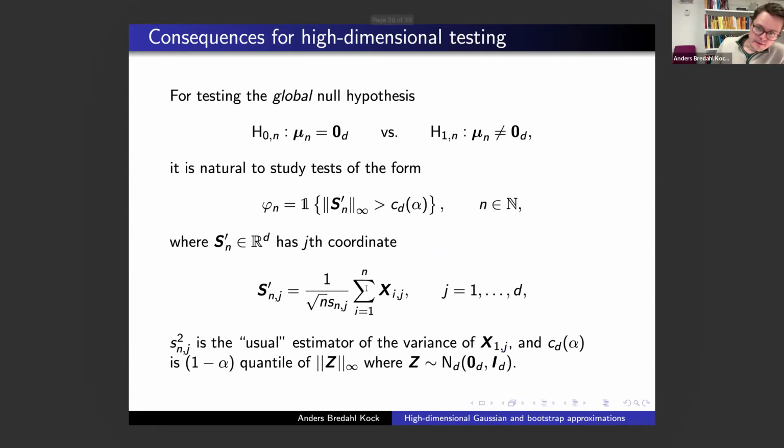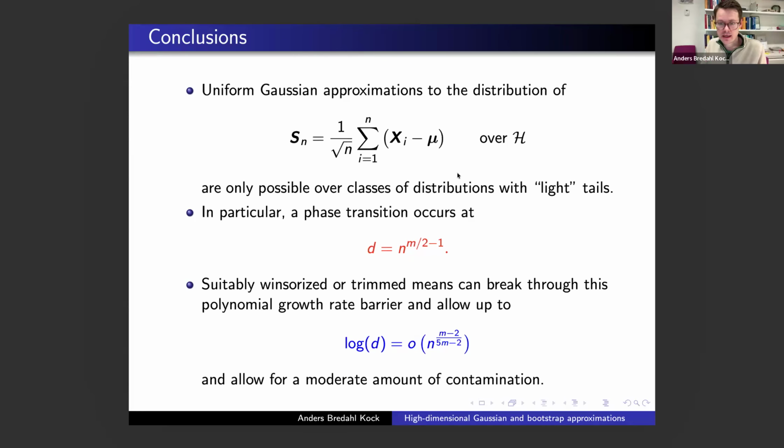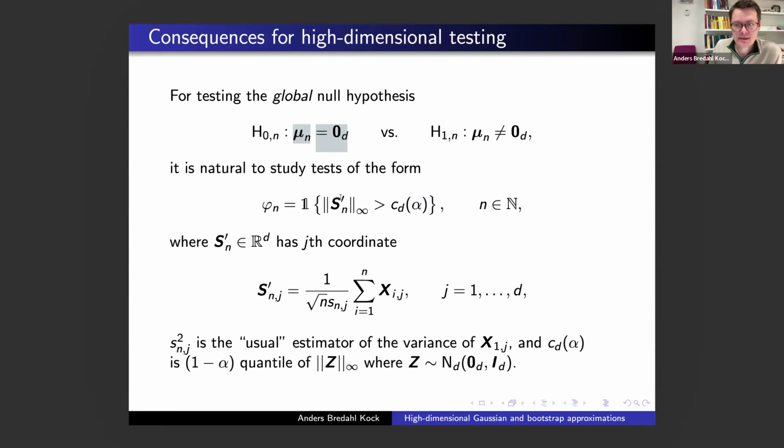So imagine I want to test the global null hypothesis of a mean vector mu being 0 versus a mean vector being non-zero. An actual test for this hypothesis is to reject if the maximal entry of Sn tilde falls above a certain critical value, where Sn tilde is my sum, which I've now standardized.